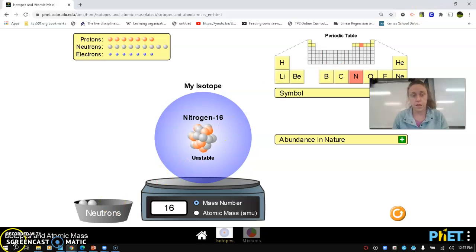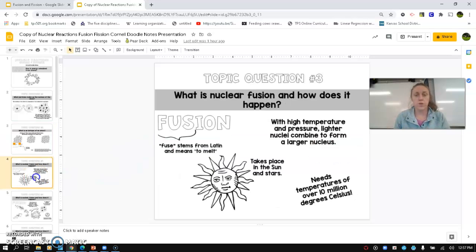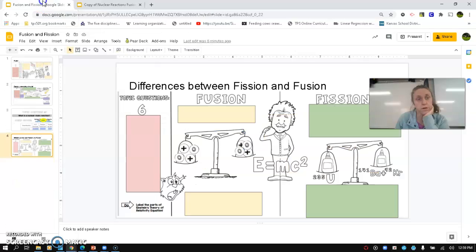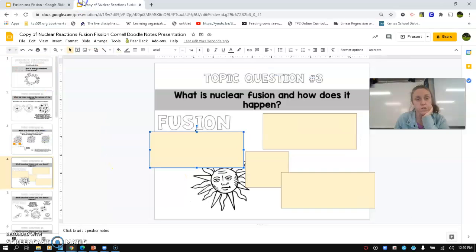Okay, all right, I'm going to go back to our slide. These atoms can become unstable and they have to somehow become stabilized. So the first type of nuclear reaction is fission. So this is where we're going to start on slide 1. Now, I have the topic question underneath in red.